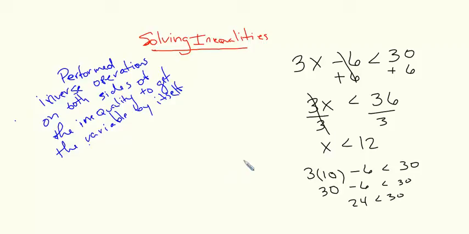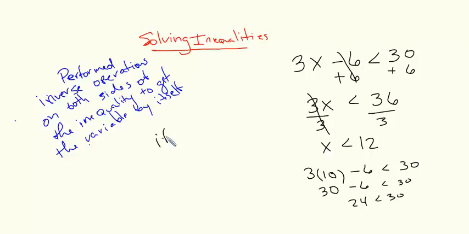The other difference when solving inequalities is that whenever you multiply or divide both sides by a negative number, you have to flip the symbol.